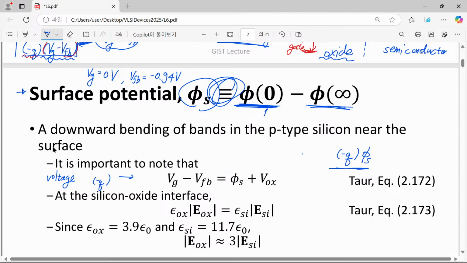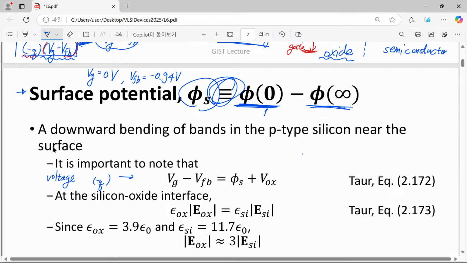Okay, so I think that understanding this MOS equation is quite important. The MOS system has three different parts: metal, oxide, and semiconductor. However, in terms of voltage division, we cannot assign any non-zero voltage to the metal.